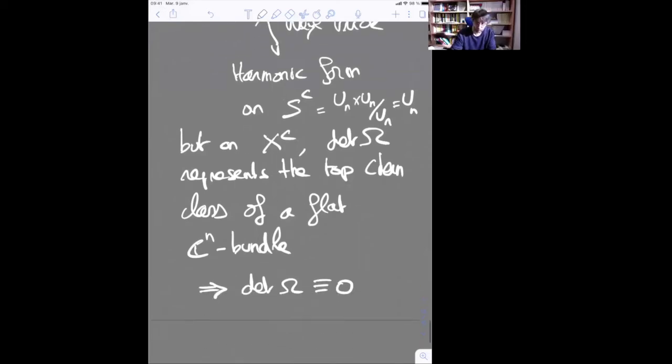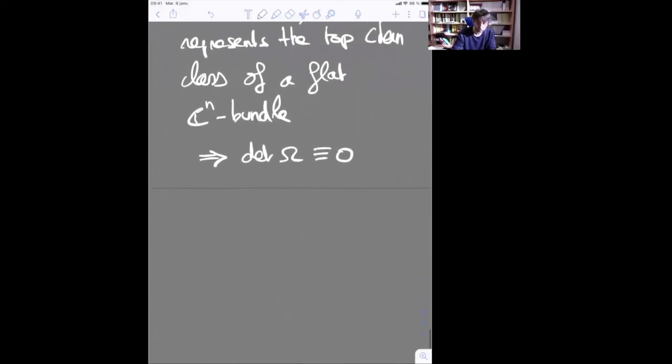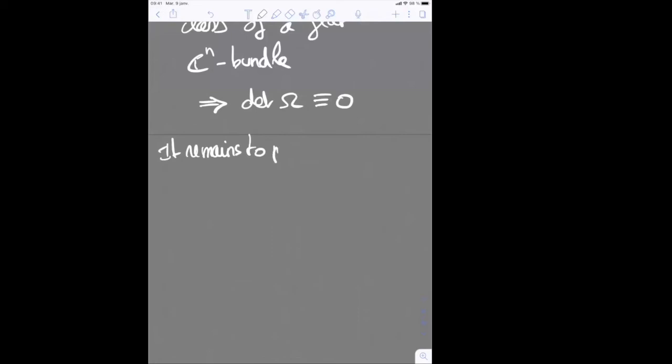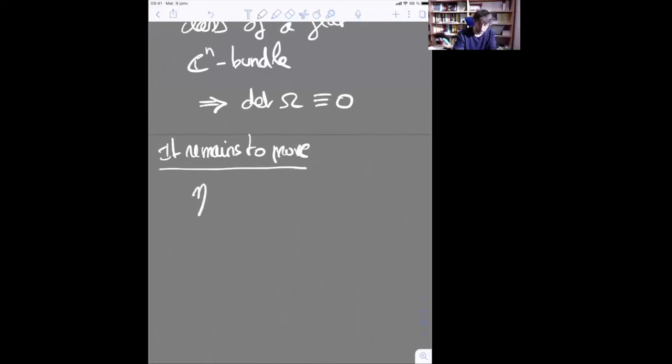So there is one thing that we have not proved yet. It remains to prove that eta represents the fundamental class of X cross Cn minus 0.